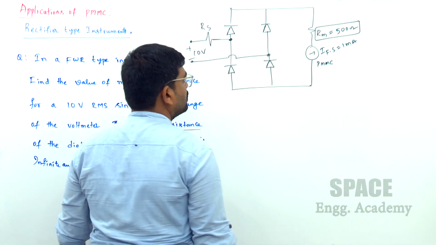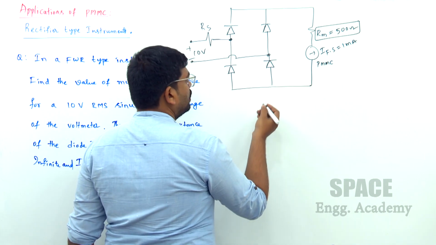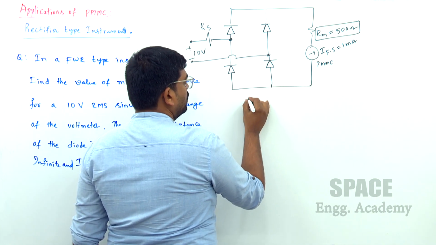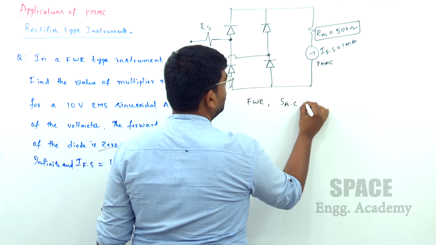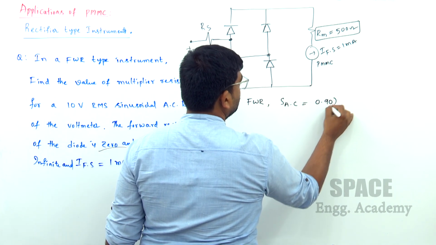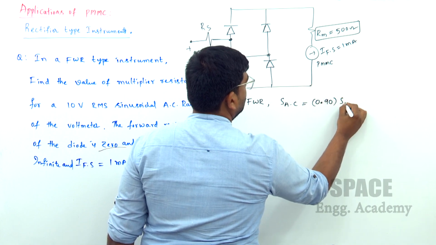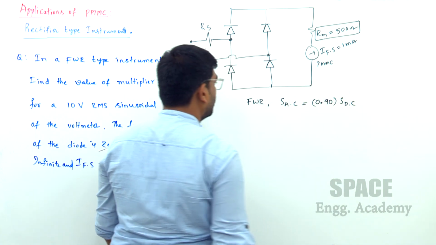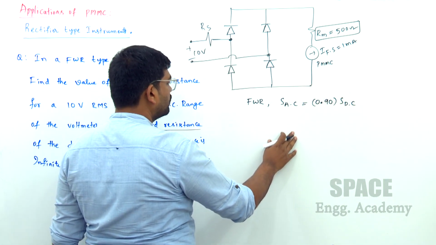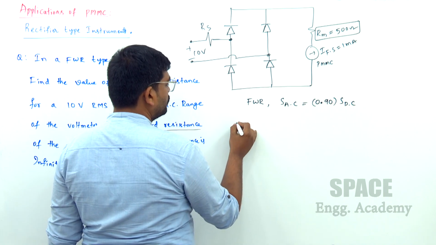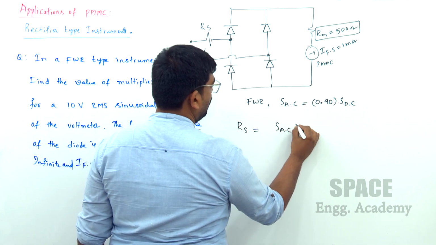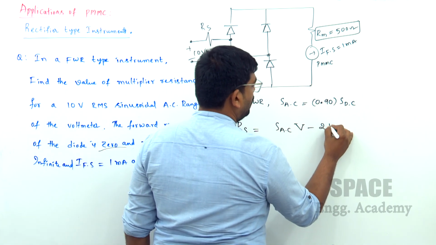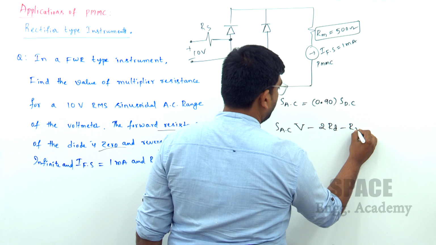So, we have a relation for multiplier resistance. Before that, in full wave rectifier type instrument, what is the sensitivity? It is 90% of DC sensitivity. Now, if you use the multiplier resistance expression, AC sensitivity into RMS minus 2RD minus RM.